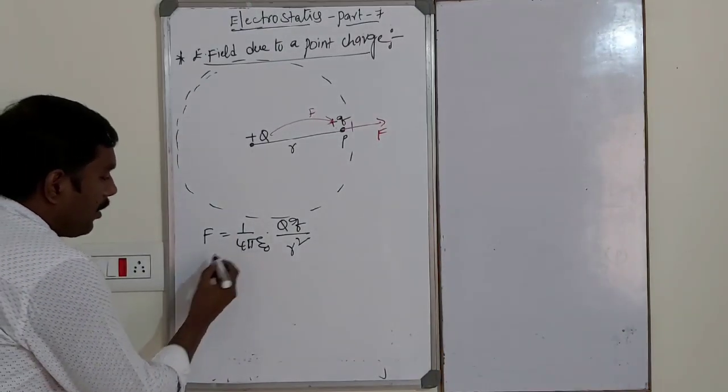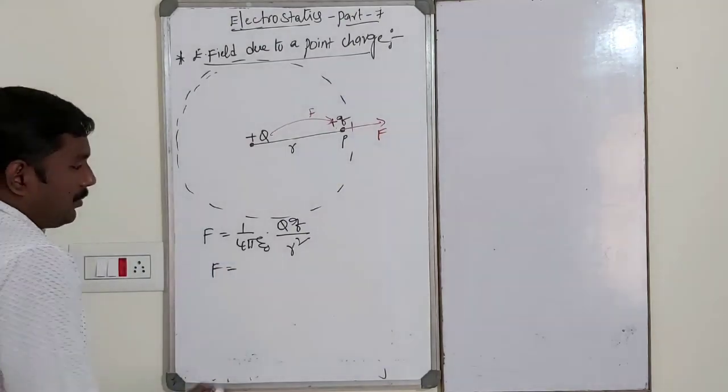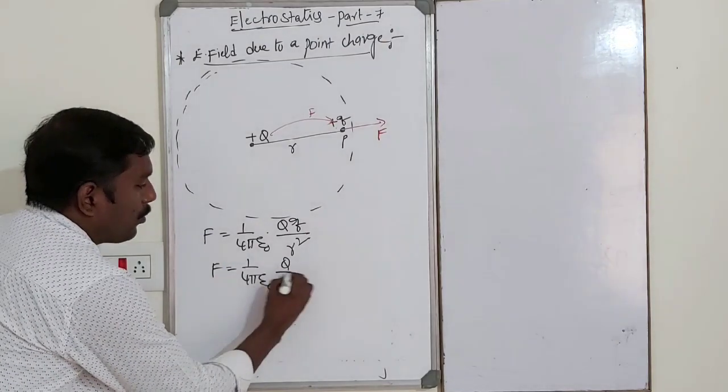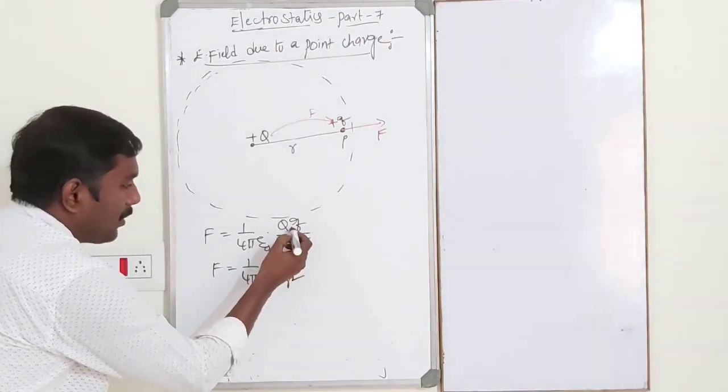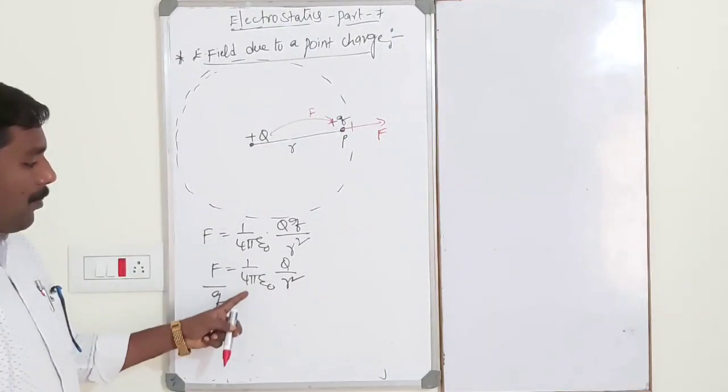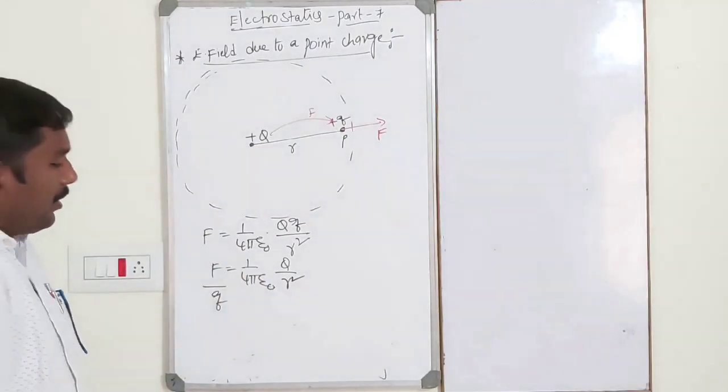So F is equal to 1 over 4 pi epsilon naught Q q by r square. On cross multiplication, F by q is equal to 1 over 4 pi epsilon naught Q by r square.